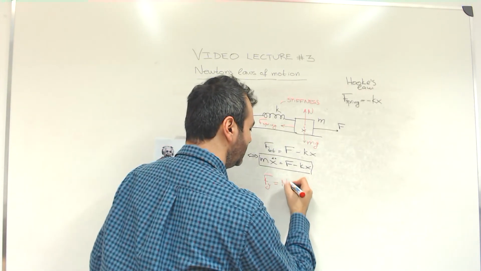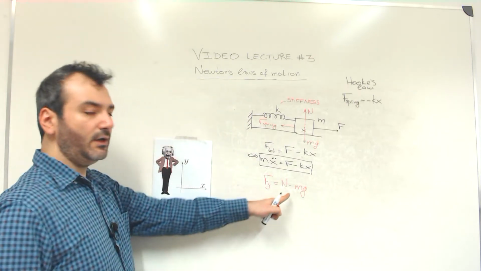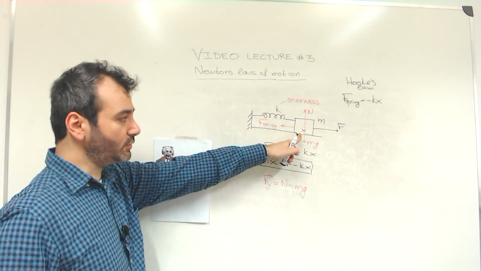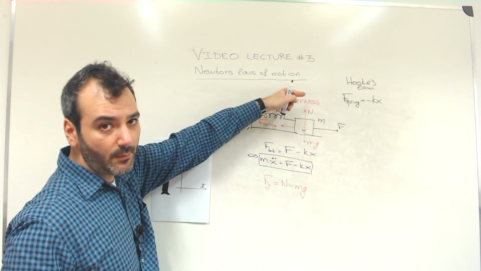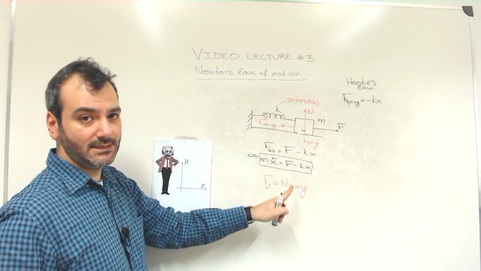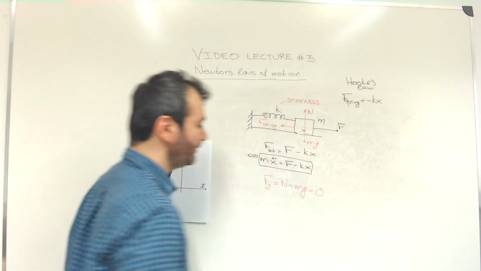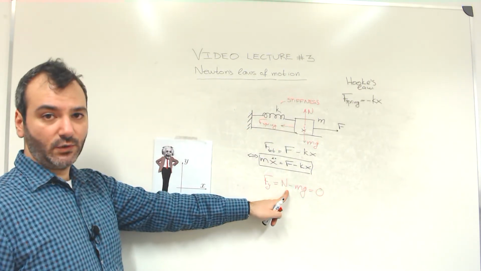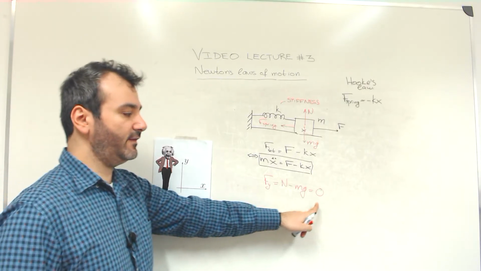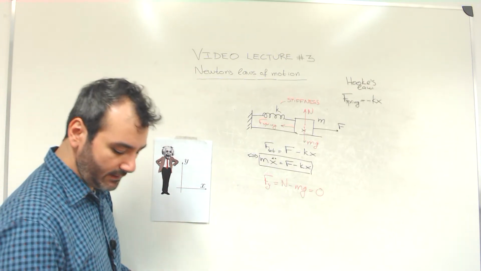It is N minus mg. Positive, negative. Now this must be what? By Newton's first law of motion, this doesn't move neither up or down. Therefore the velocity along the y-axis is 0, the force along the y-axis must be 0. So again, N is a result of Newton's third law of motion, and the fact that this is 0 is a result of Newton's first law of motion. Great.